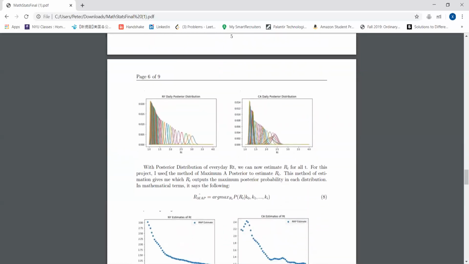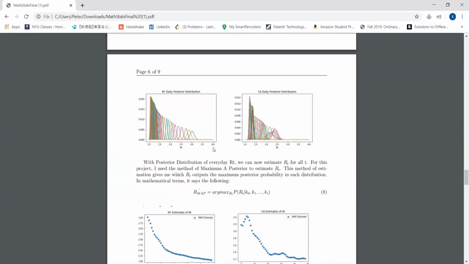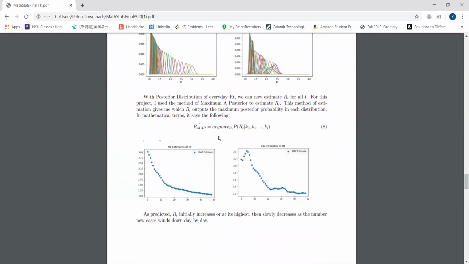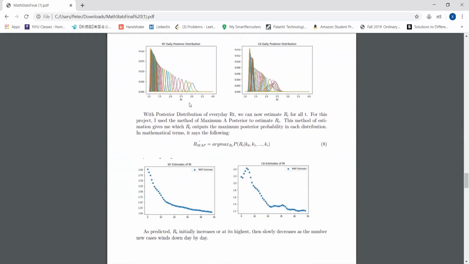I calculated the posterior for New York and California, and they look like this. Every day is a distribution. But we have the distribution and we want a number, which is R naught for each day.